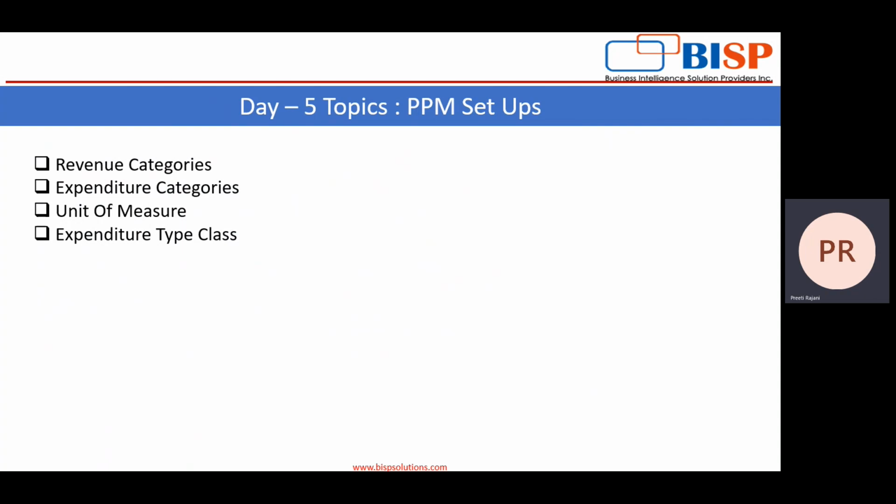Now, for creating any transaction in the project in Oracle Fusion project portfolio management, you have to create certain configurations which include revenue category, expenditure category, unit of measure, and expenditure type class. Now, these all are the mandatory setups. We will go one by one and see what the use of these setups is in the Oracle project.